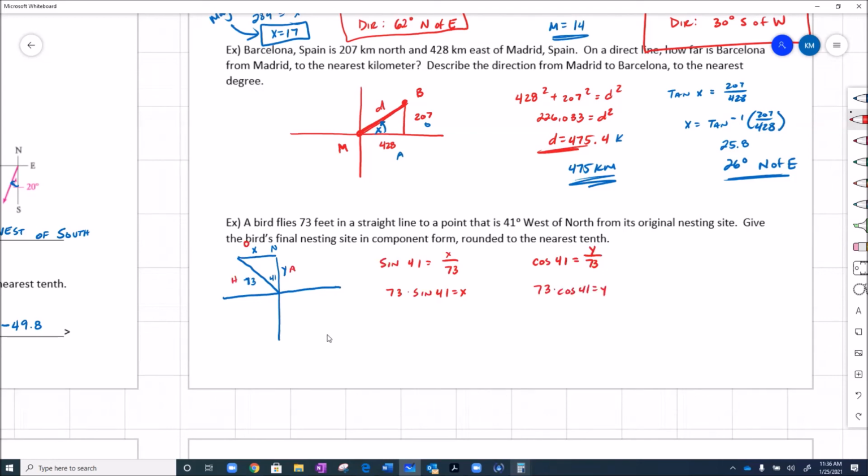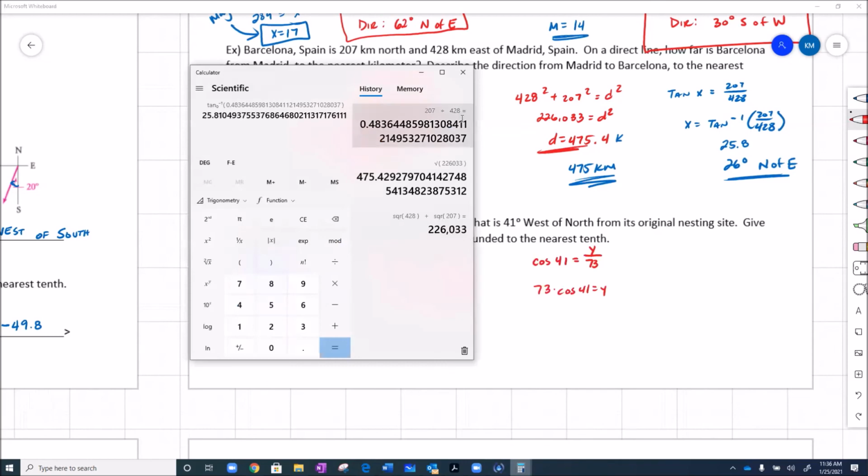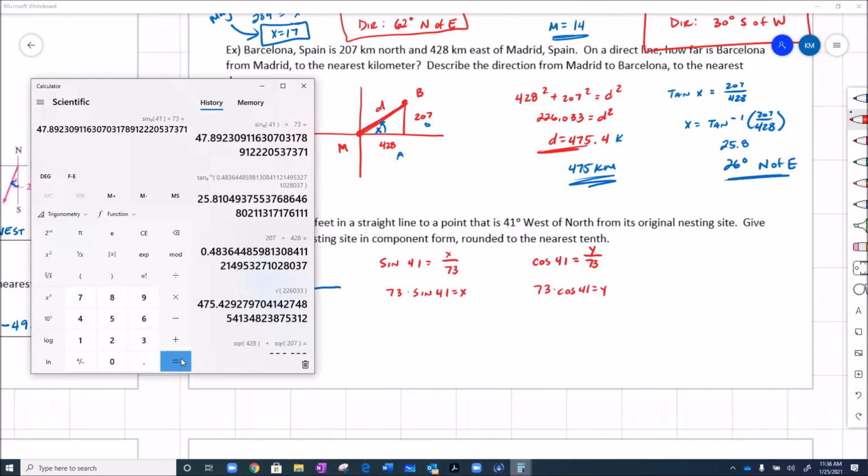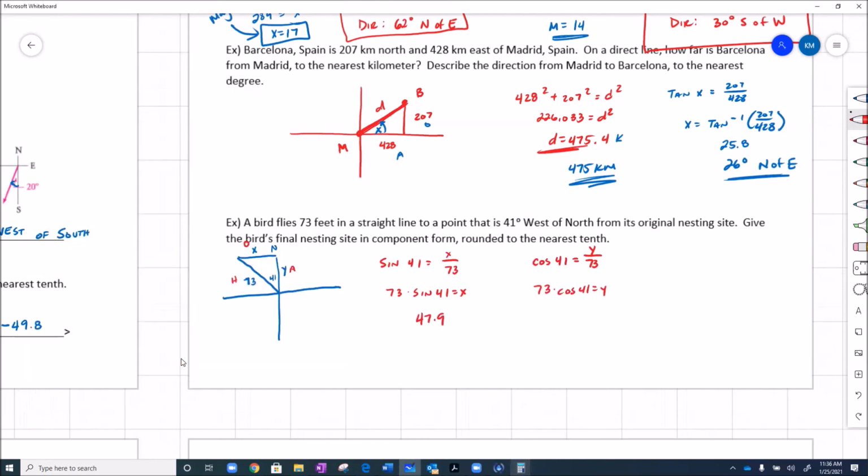All right, use my handy dandy calculator. Okay, so here we go. We have sine 41 times 73. And that gives us 47.89. So to the nearest tenth is 47.9. Okay, that's our x value.